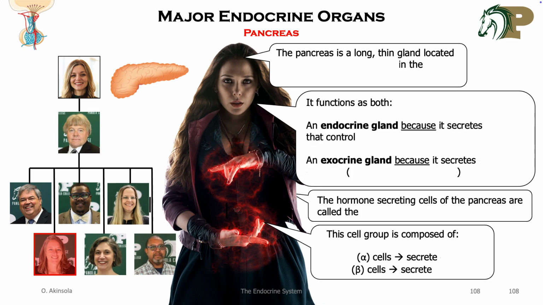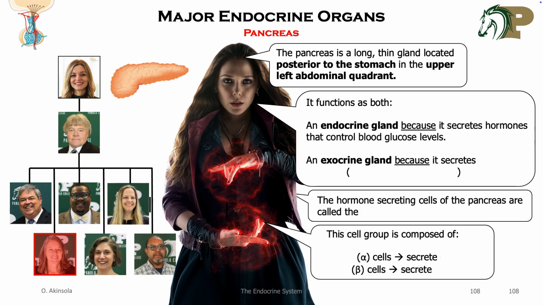The pancreas is a long, thin gland located posterior to the stomach in the upper left abdominal quadrant. And remember, it functions as both an endocrine gland because it secretes hormones that control blood glucose levels, which we will talk about in just a few moments, and also an exocrine gland because it secretes digestive enzymes, notably amylase, lipase, and protease.